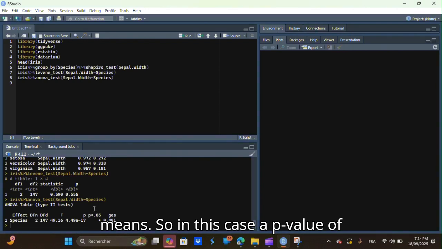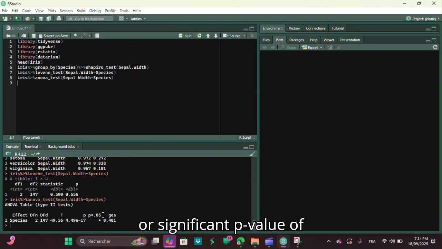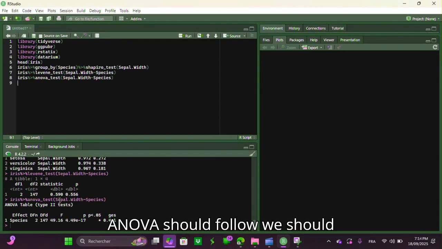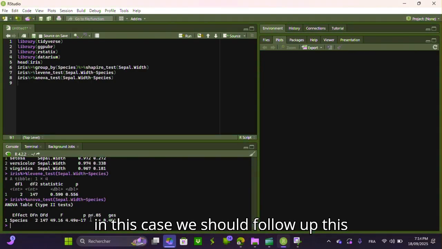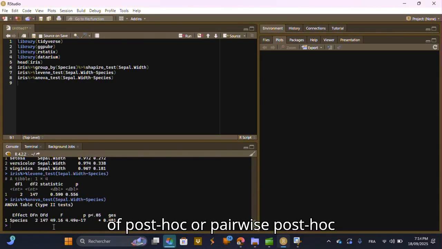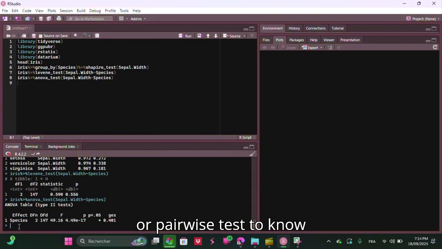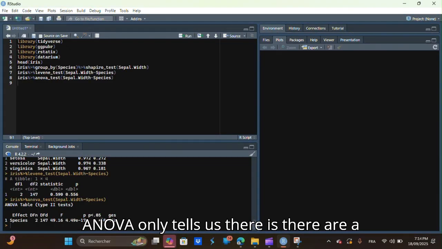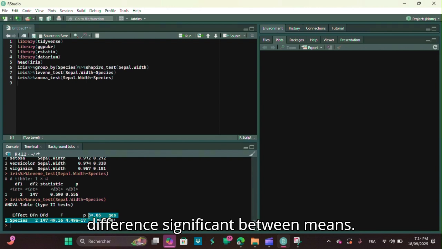So in this case, a significant p-value of ANOVA should be followed up with a post-hoc or pairwise test to know which groups show the difference between their means, because ANOVA only tells us there is a significant difference between means.